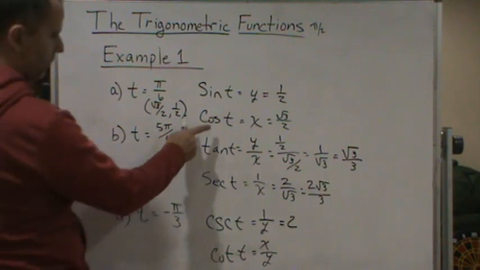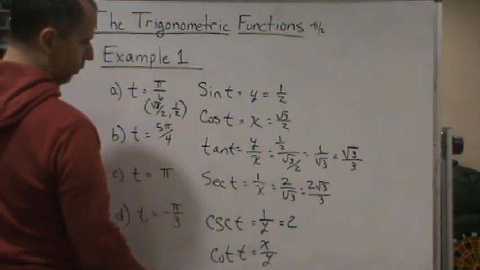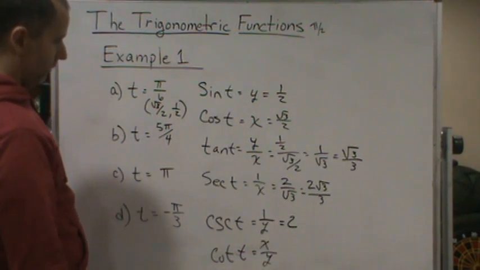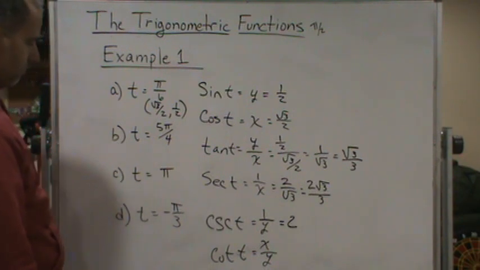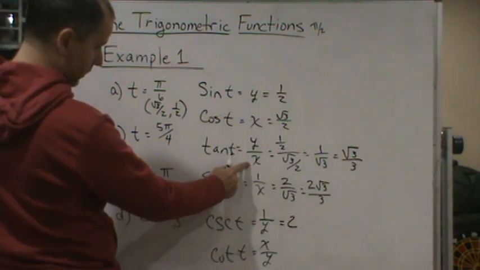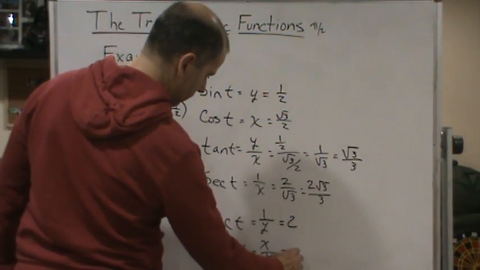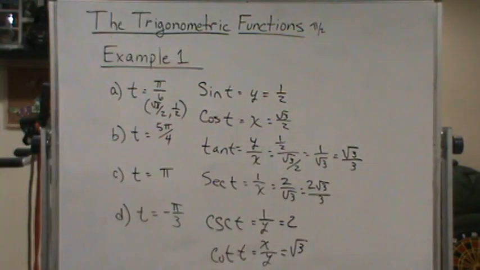And then cotangent is the reciprocal of tangent, which is going to be just the square root of 3. And that's it for that one.